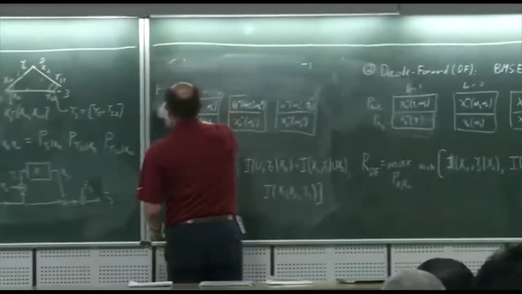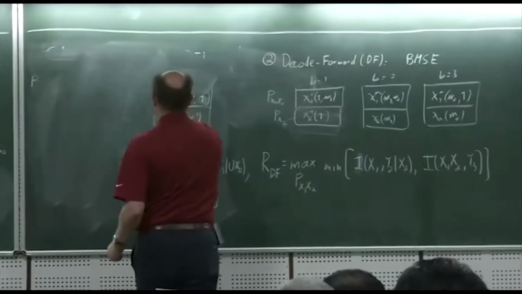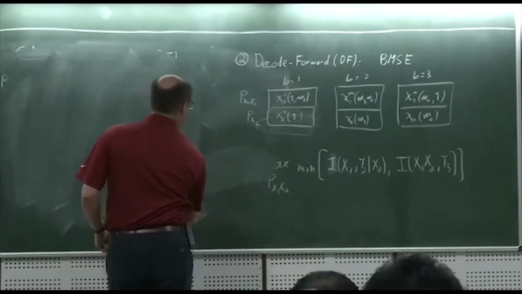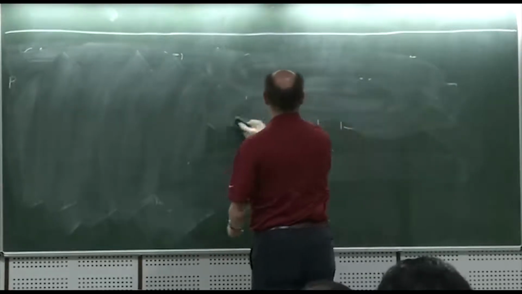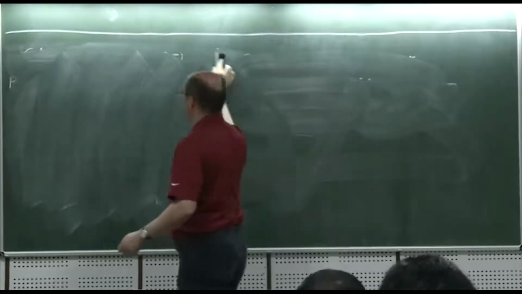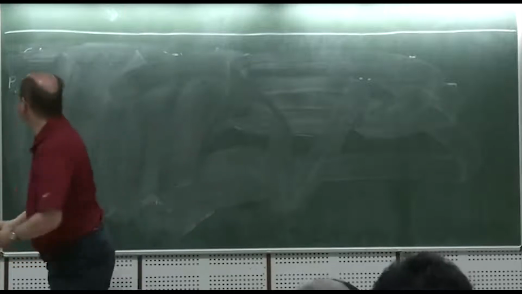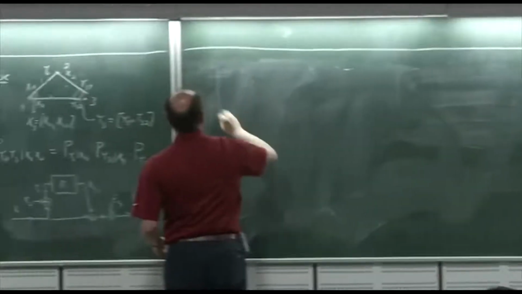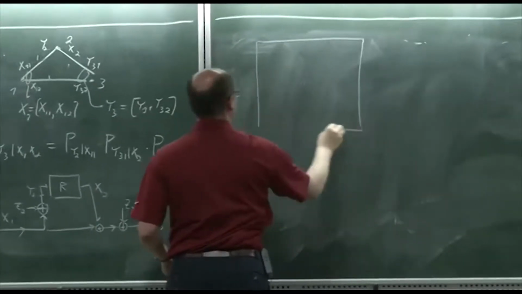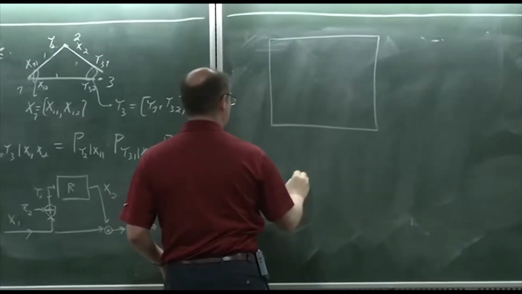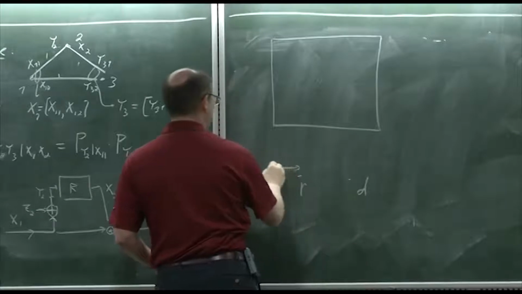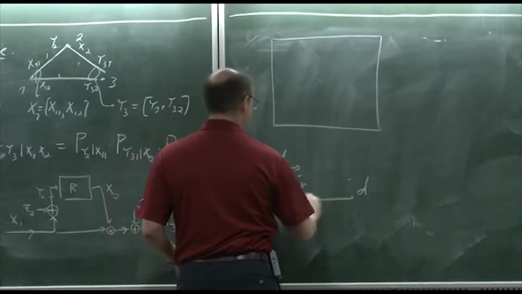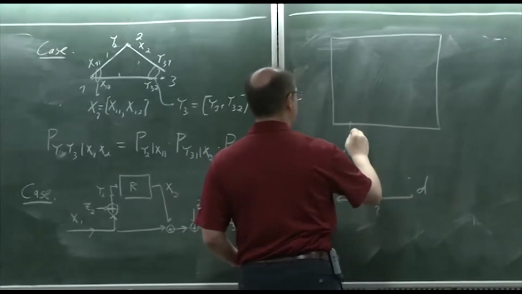Okay, and then finally, we plotted rates for the Gaussian case. So I'll just quickly review that. I have the computer here, but I think I'll just quickly draw it. We plotted a geometric situation where the source is here, the relay is here, the destination is here, there's a distance d between the source and the relay, and distance 1 to the destination.